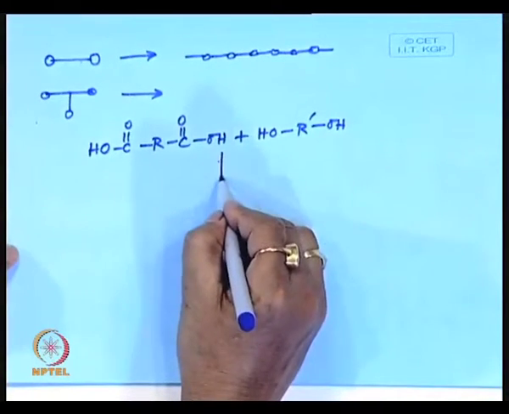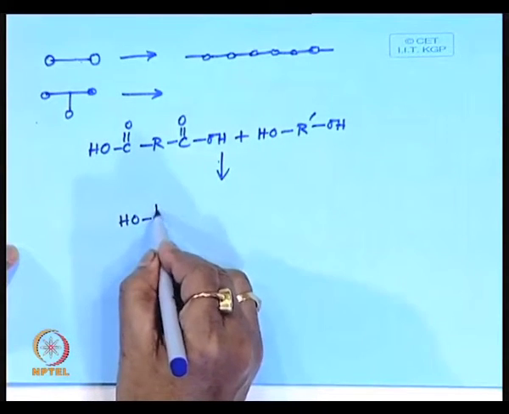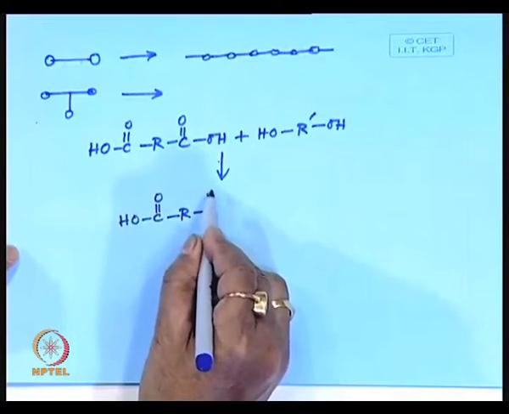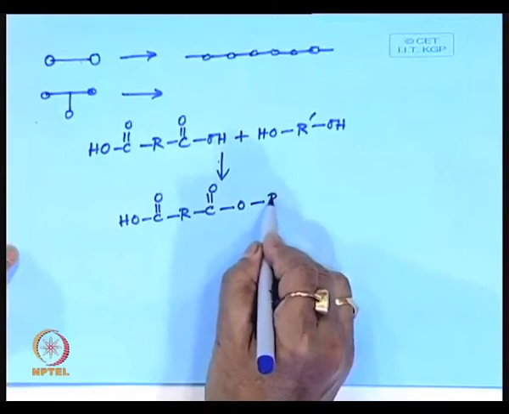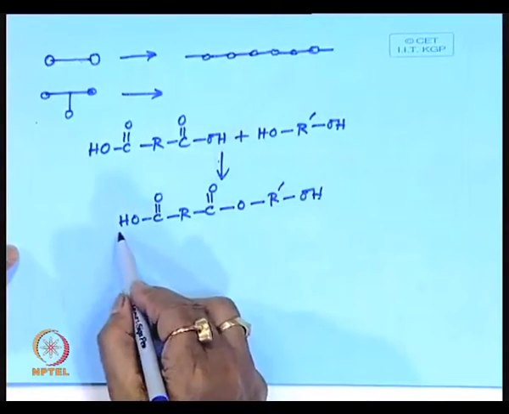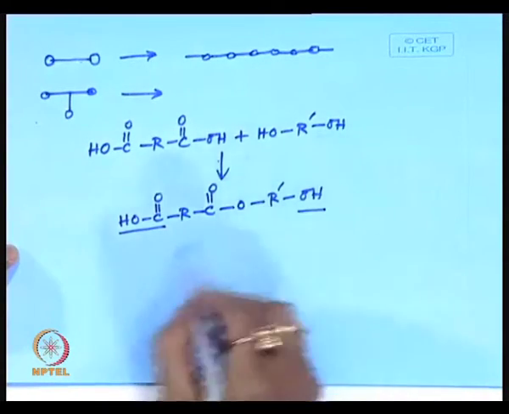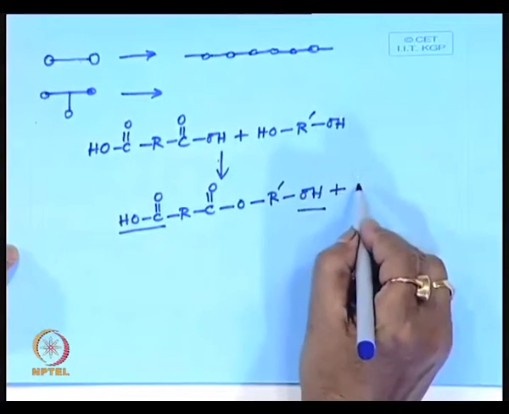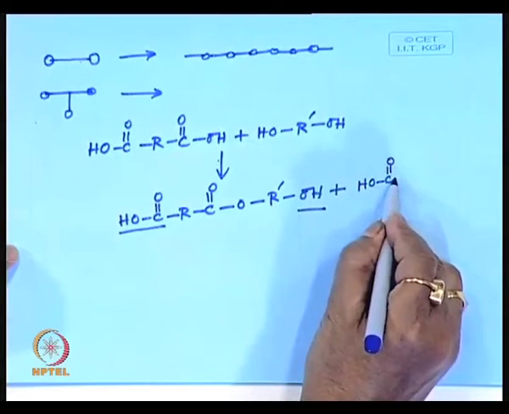Diol. So, it will lead to this intermediate, at this end an acid group, at this end an alcohol group. So, this will further react at this site with one acid functional group.